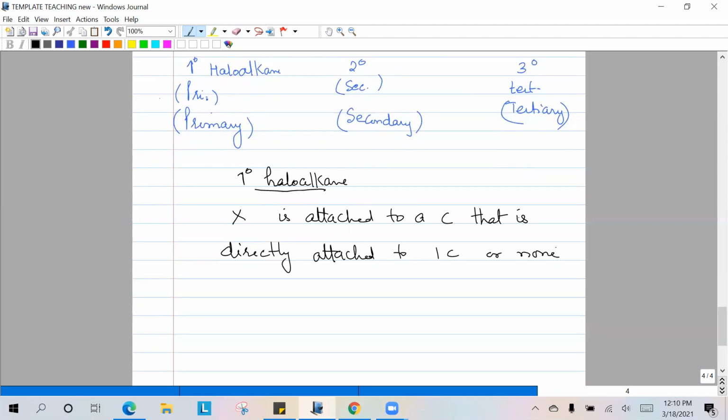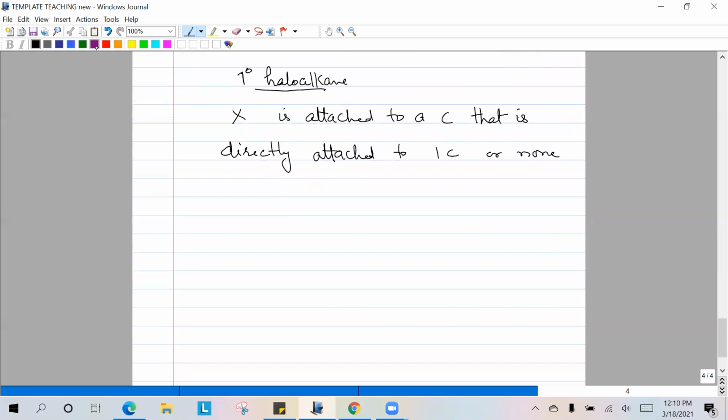So it is one or none. What does that mean? For example, I have a Cl attached to this carbon. So what are we focusing on? We are focusing on the carbon that carries the Cl. Now, how many carbon atoms is it attached to? None. So this is an example of a primary haloalkane.